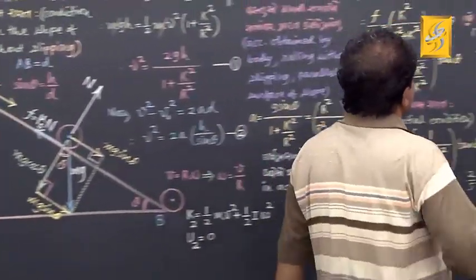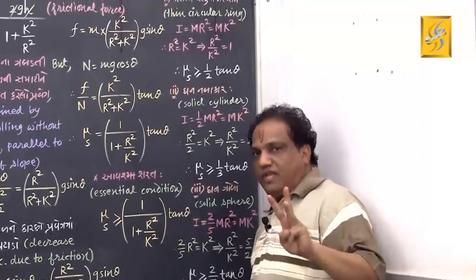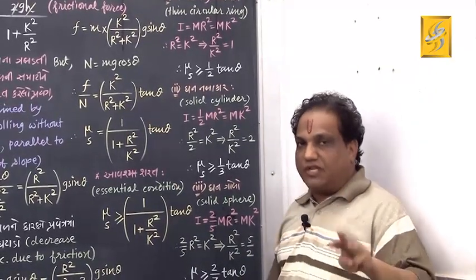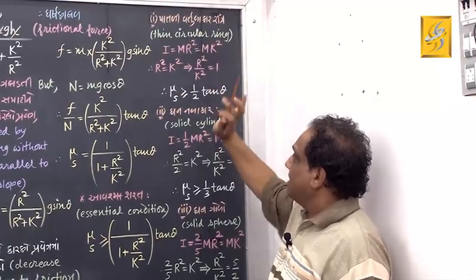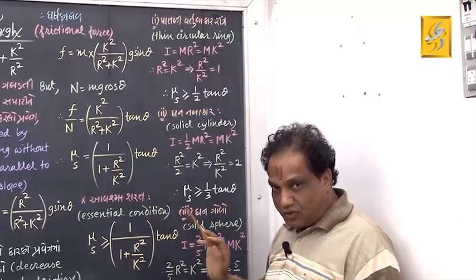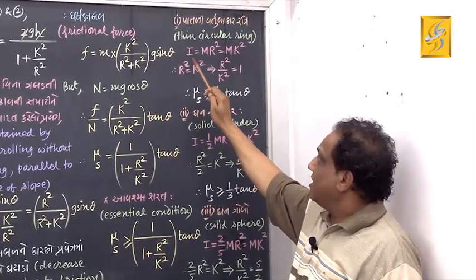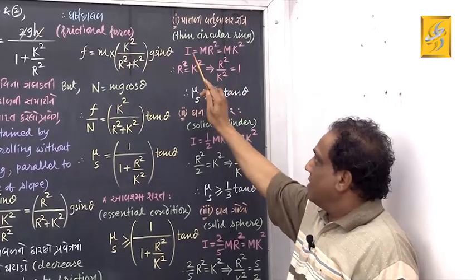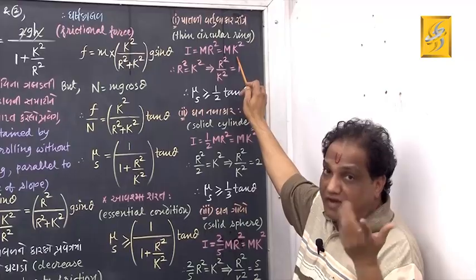Look, now we are going to use this condition for three bodies which they have taken into consideration in the textbook also. First, let us take a thin circular ring. For a thin circular ring, what would be the form of this condition? Don't you know the moment of inertia formula? I equals m r square. But I is also equals to m k square. What is capital K? Radius of gyration.